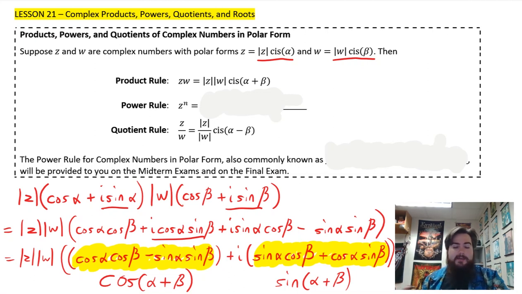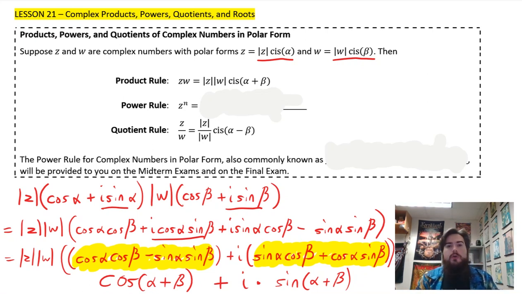So what we really have here is another cosine of an angle measure plus i times sine of an angle measure. That angle measure happens to be the sum of alpha plus beta, and that is where we get the expression of mod z mod w times CIS of alpha plus beta. So that's where that product rule is coming from. And that's a relatively nice way to go about that.